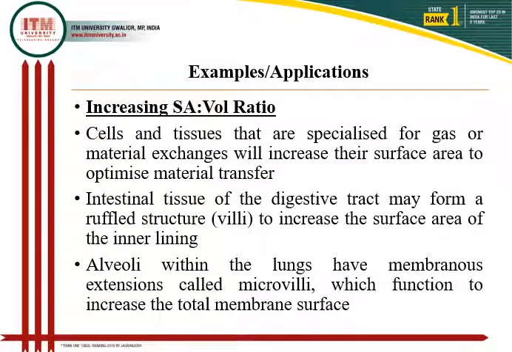Some examples may be quoted. Cells and tissues that are specialized for gas or material exchanges increase their surface area to optimize material transfer. To increase the surface area, the cells and tissues have some structures.